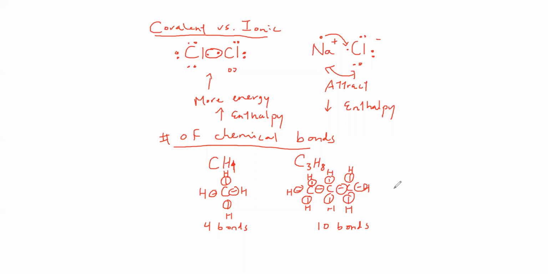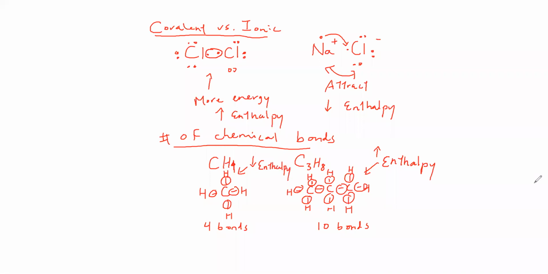So to break apart all these bonds, well, there's just way more to break when it comes to propane, which is this one right here. Therefore, this one contains the greater amount of enthalpy, or the greater amount of potential energy that it could release. Okay, so this one has a higher enthalpy, and this one has a smaller enthalpy.